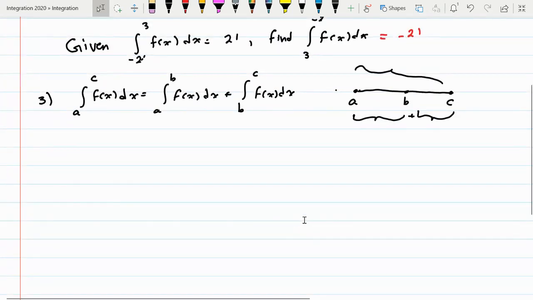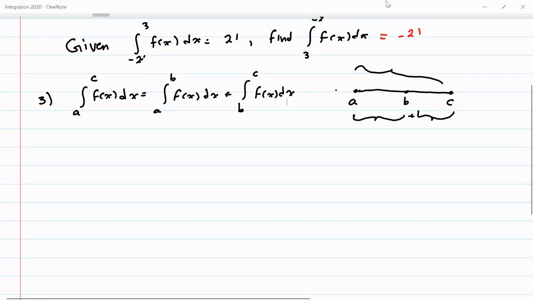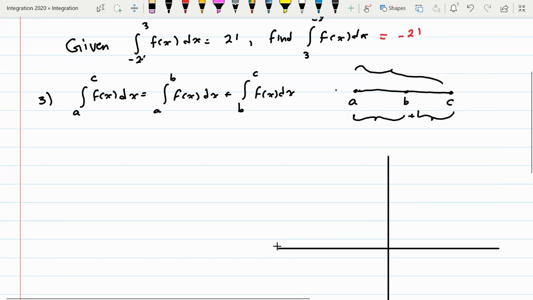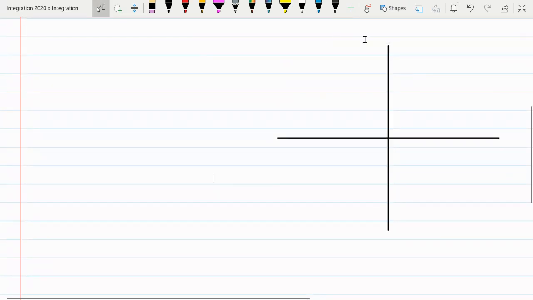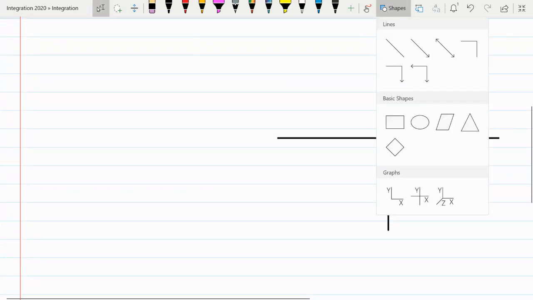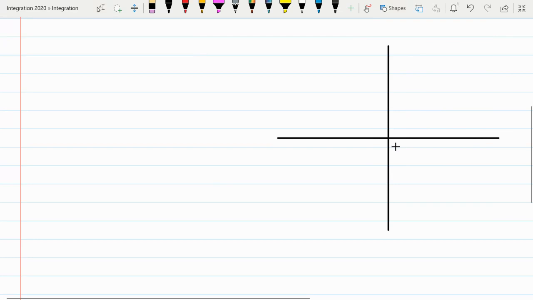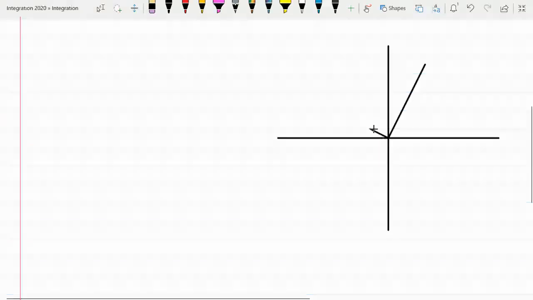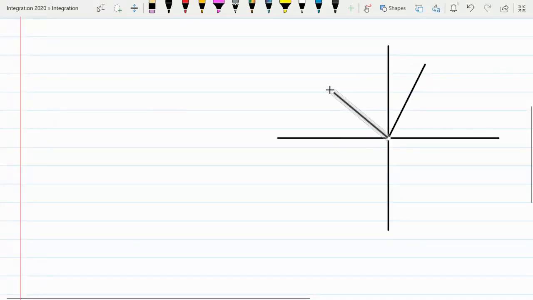Why do we use this? Because many times we are talking about functions such as the absolute value. Say I'm going to talk about the absolute value function, which looks somehow like this.